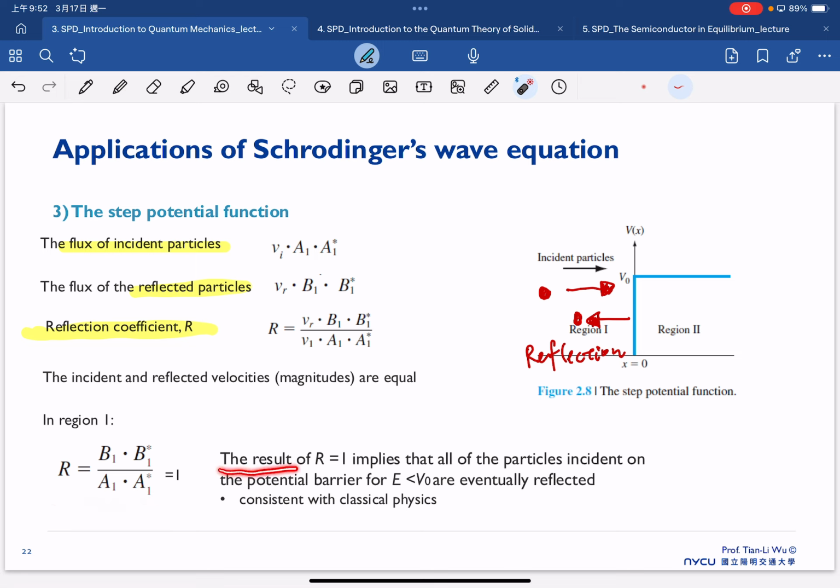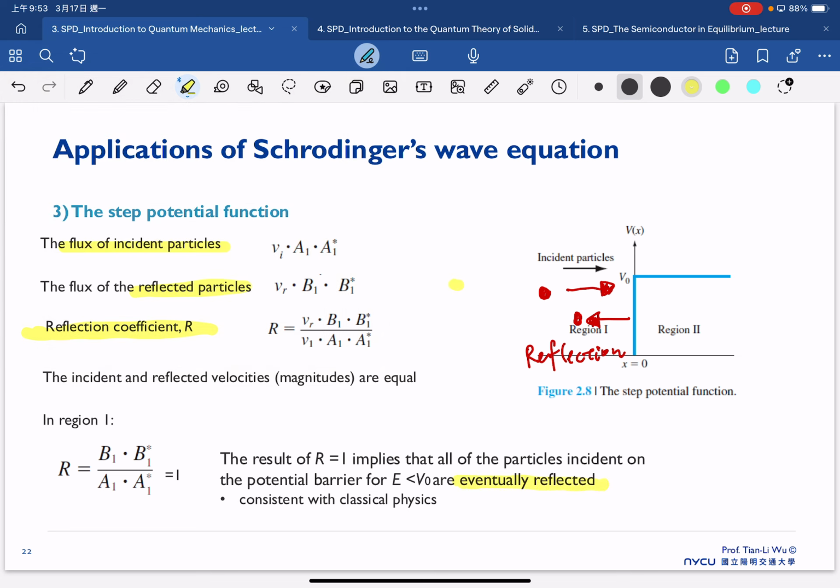The result of R equal to 1 implies that all of the particles incident on the potential barrier, for E smaller than V0, are eventually all reflected.